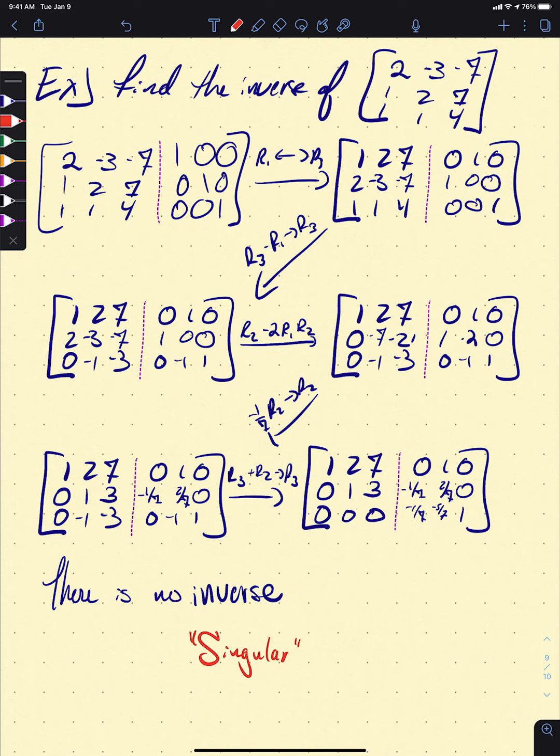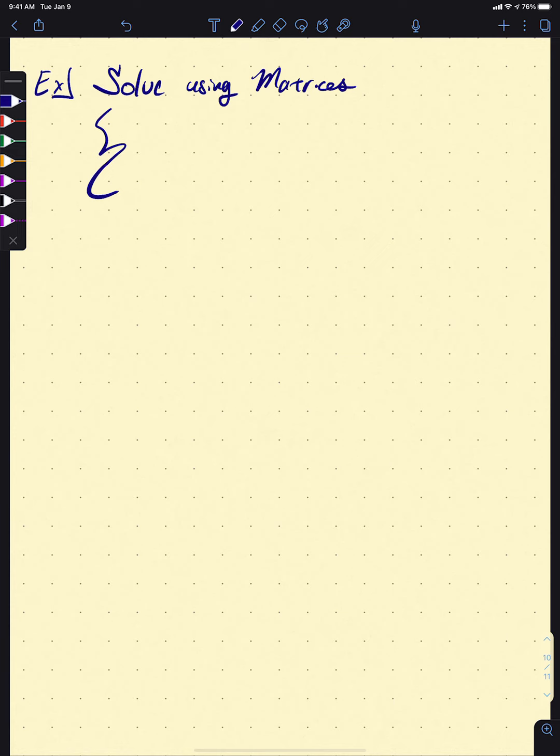So let's turn our attention to a different kind of example, okay? And that is using one of the things that we kind of noticed last lecture, and that's that our good friend system of equations and matrix multiplication are two sides of the same coin, okay?